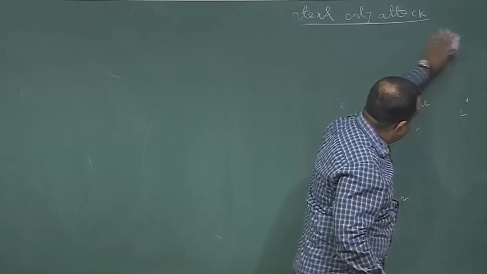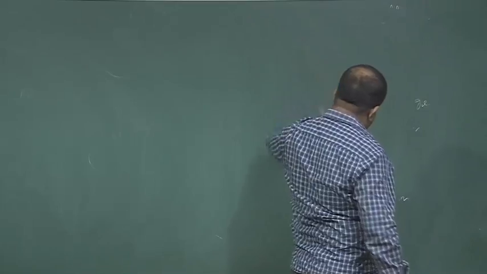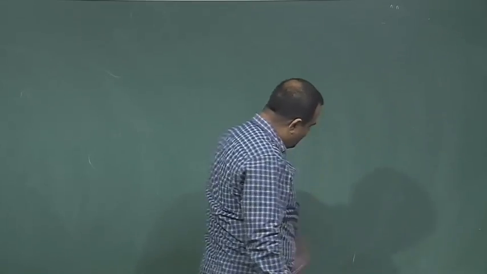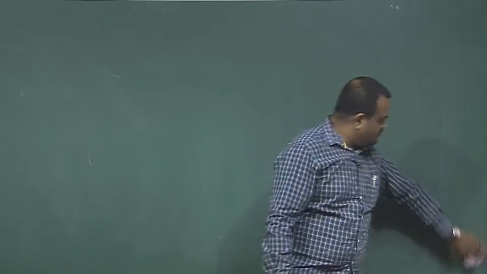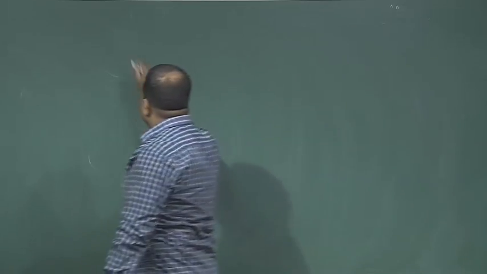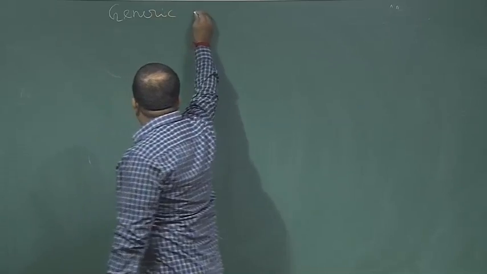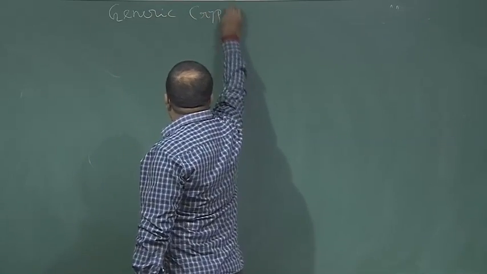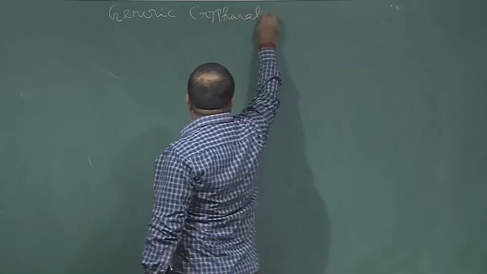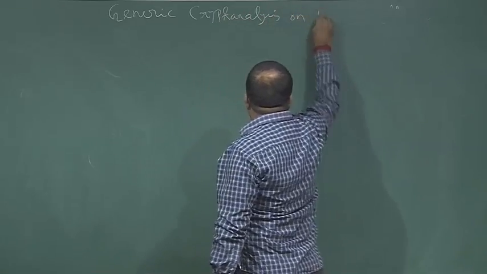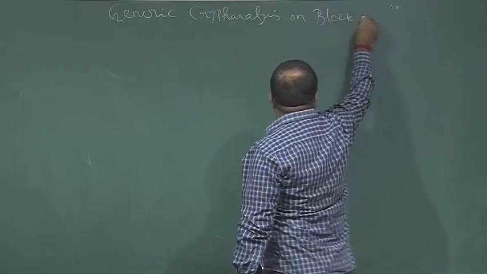Now we will talk about some generic attacks on cryptosystems, especially on block ciphers. Generic cryptanalysis on, say, a block cipher, or it could be done for a stream cipher also.